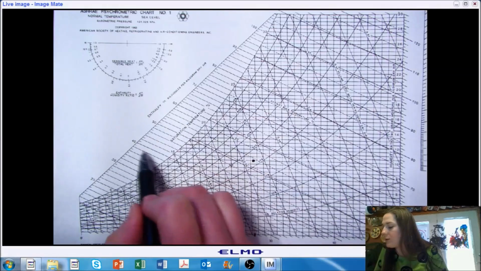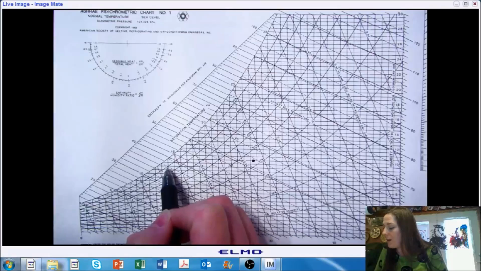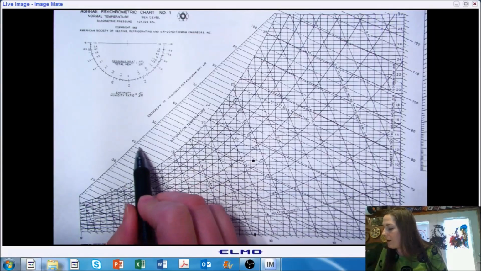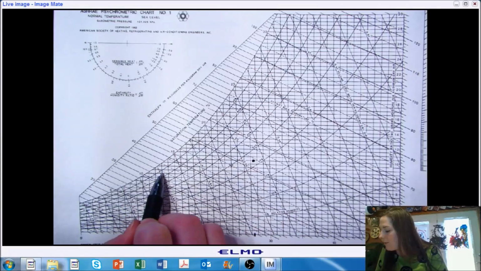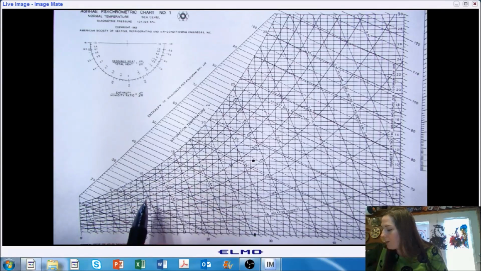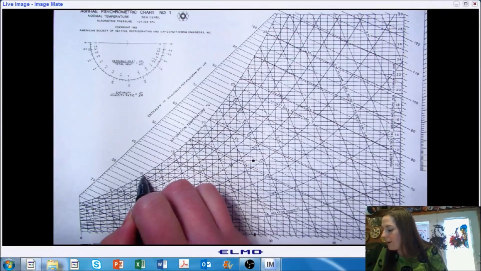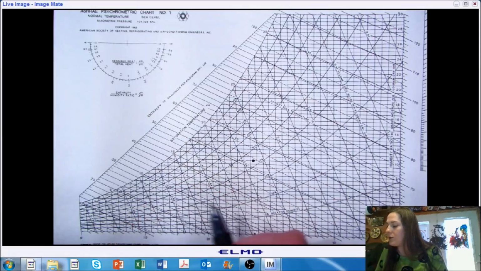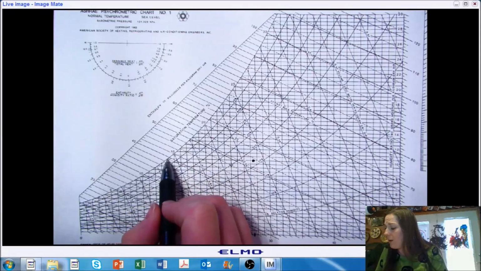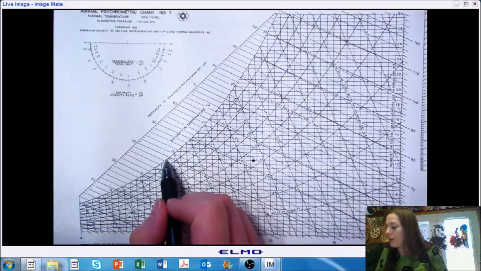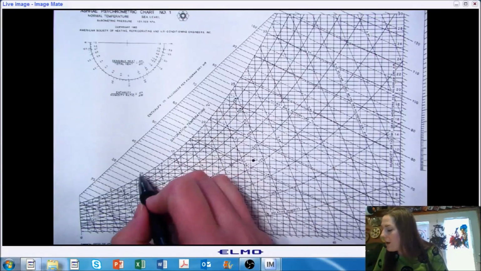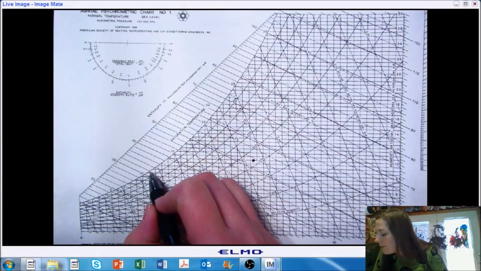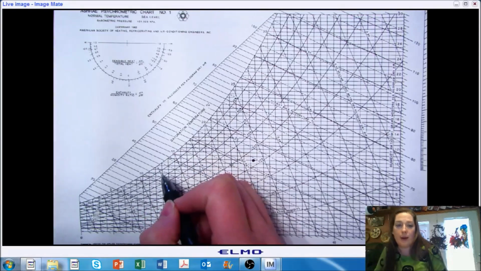Recall that we have two sets of lines that are almost on top of one another. We have enthalpy, which are these lines, and then the little dashed lines here are actually our wet bulb temperature lines. The intersection of the dashed lines and the horizontal lines gives us our saturation temperatures. Where the dashed lines match up to the horizontal lines, they should give you the same temperature line: 10, 11, 12, 13, 14, 15. Now they match up.